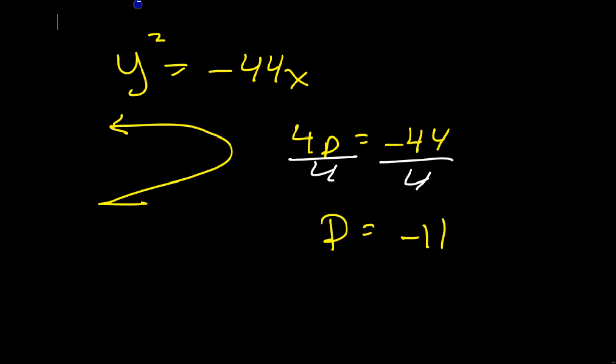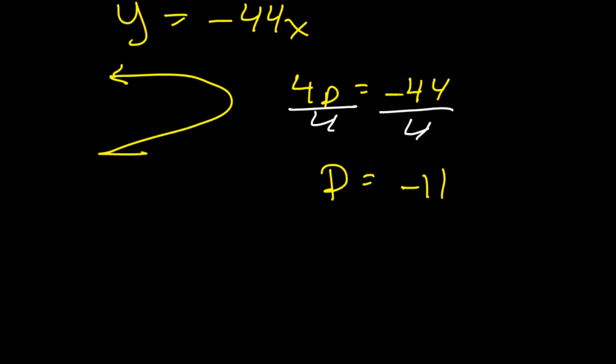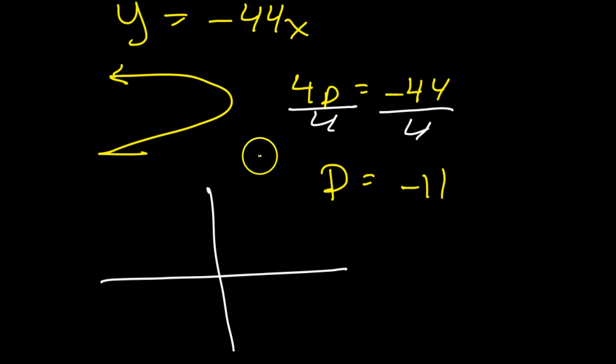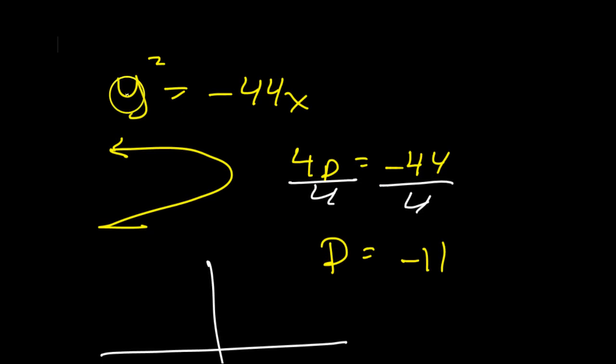So we can use that information to make a basic sketch. So here's our sketch. I'm going to make it even more sketchy than usual. The vertex. We know the vertex is 0, 0, because there's no addition or subtraction happening.